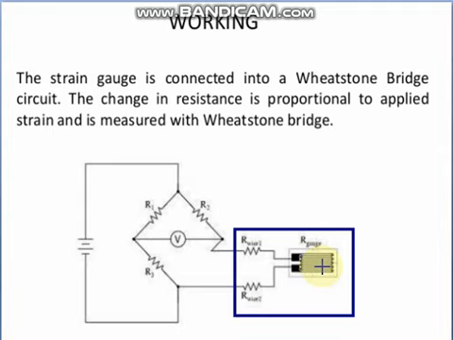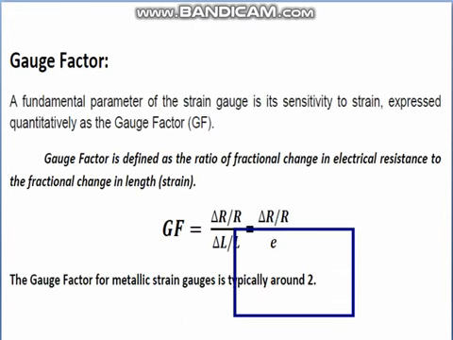So in this manner, by using Wheatstone bridge, the strain gauge will receive strain or force or stress or mechanical displacement, which will be shown on the voltmeter in the form of voltage, and this voltage can be transferred to any digital parameter which will be recorded or displayed. So this is the concept of strain gauge working.